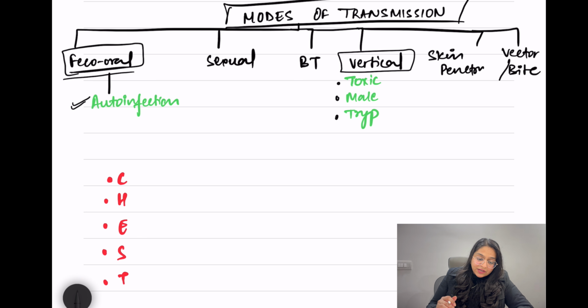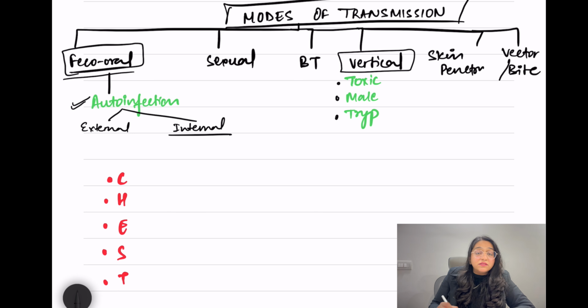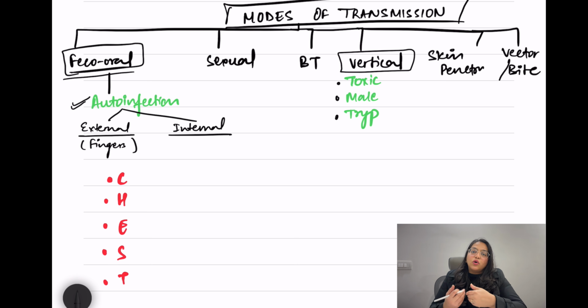Now this auto-infection can have an external source and an internal source. Don't be fooled, this external source is still the same body only. What is this external source? The fingers, perianal itching and all. The patient itches, does not clean beneath the fingers and nails, and eats again: auto-infection.